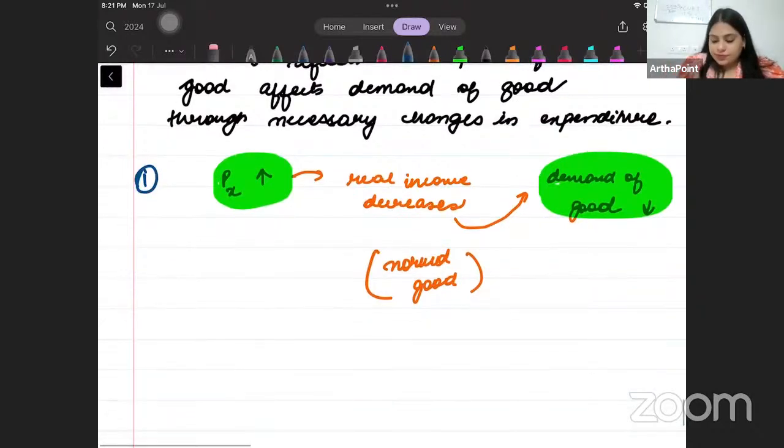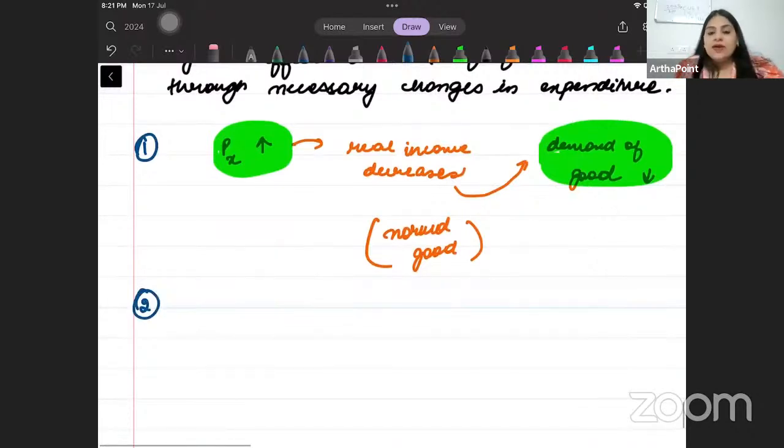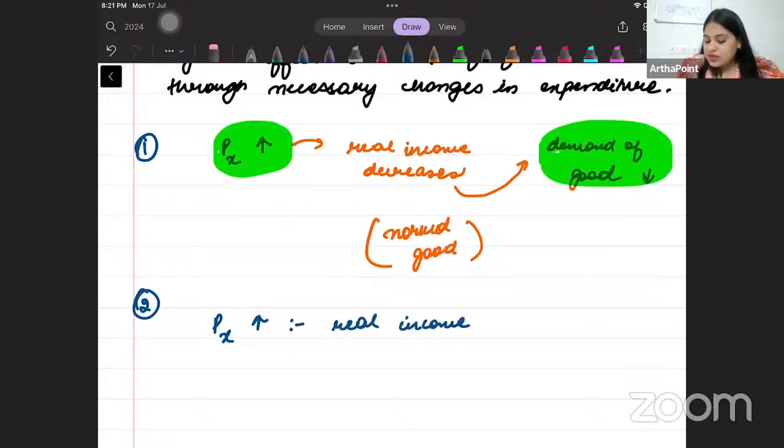There is another way. When your price increases, your real income decreases.